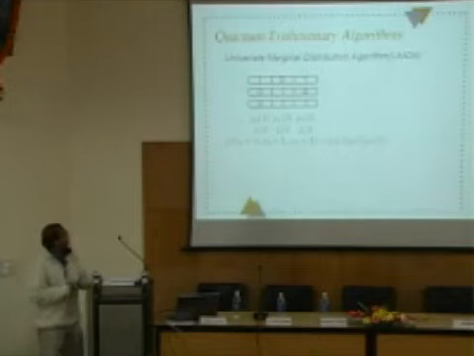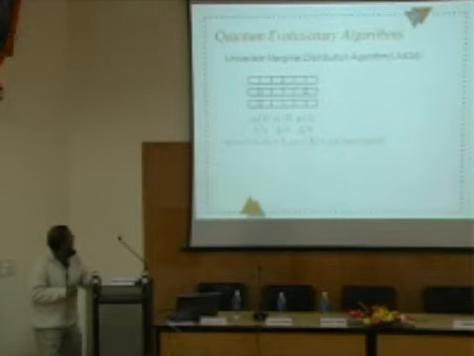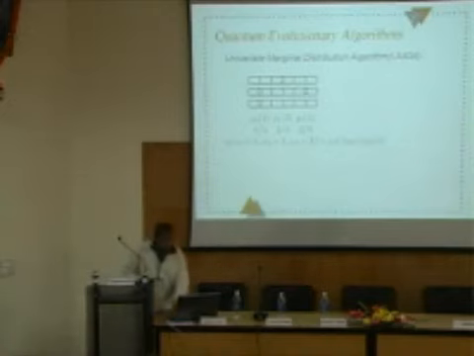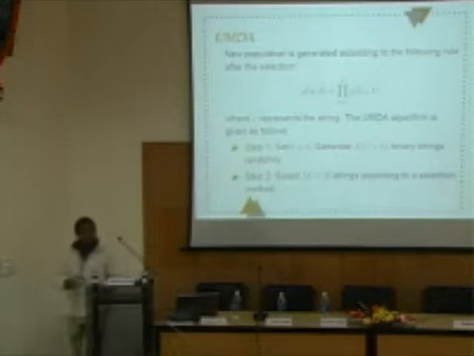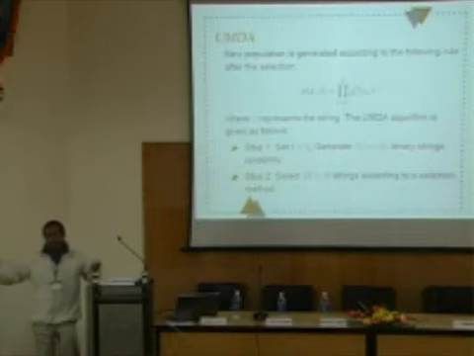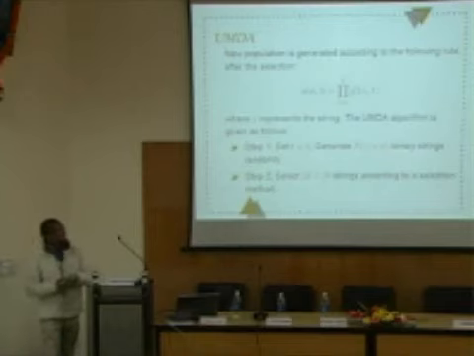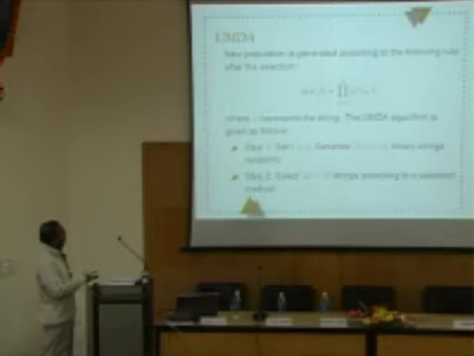One of the approaches is the univariate marginal distribution algorithm. Let me explain the theory first. The probability distribution of a string, let us say I have n bits there, and these n bits represent a specific solution, the probability distribution Px of that string in UMDA can be represented as the product of the individual bits in the string.